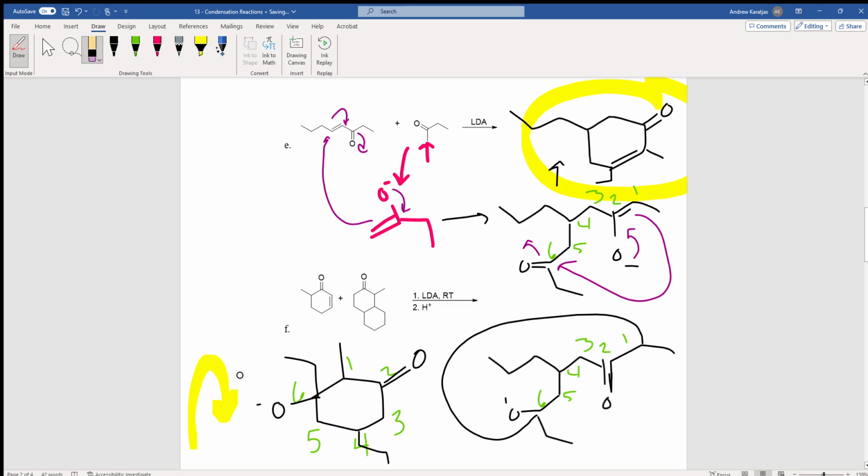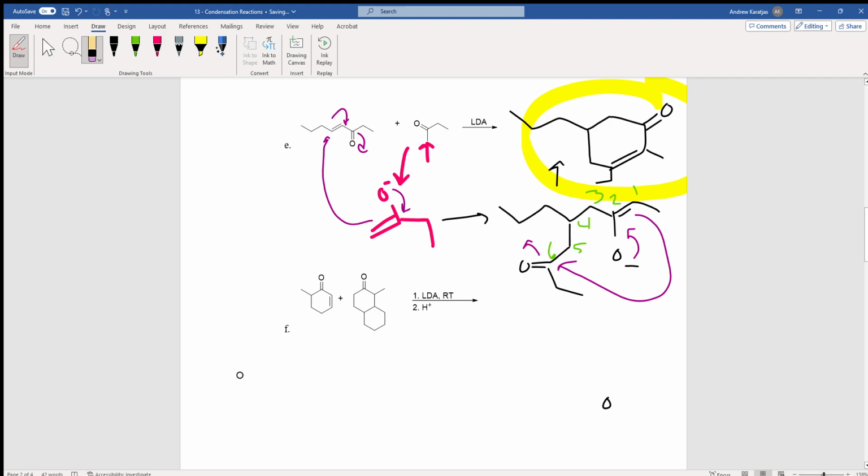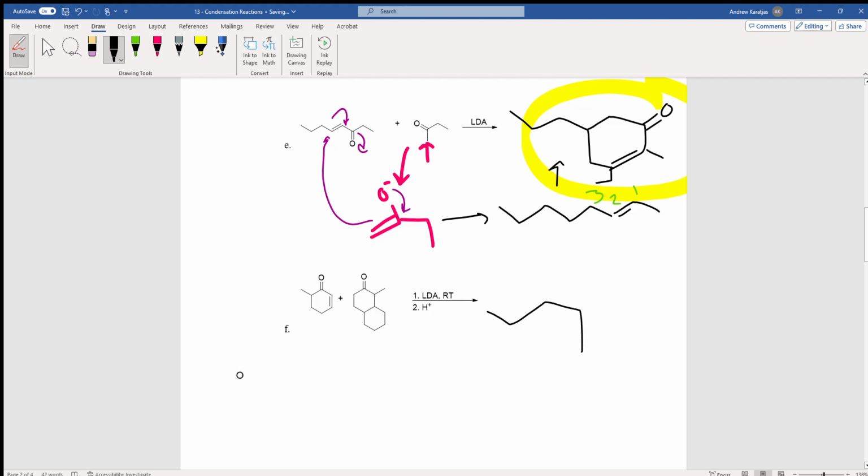So now let me erase some of this so that I have room to work on part F. Part F is a much more straightforward reaction. It's another example of a Michael addition. Again, strong irreversible base gives us our product.